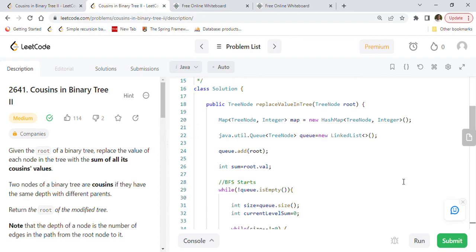If you are a fresher, junior level developer, and you want to learn how to solve different coding interview problems for interviews, right? You want to learn how to use different data structures and algorithms in those problem solvings, and you want to learn how to do the Java coding and implementations.